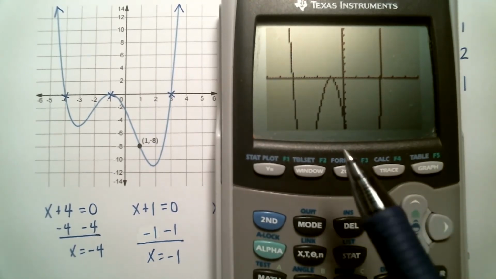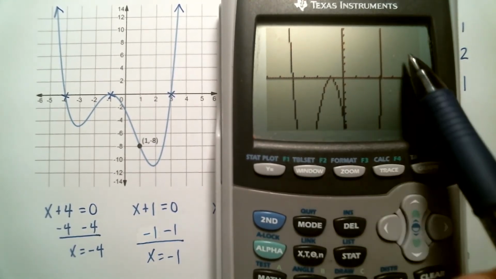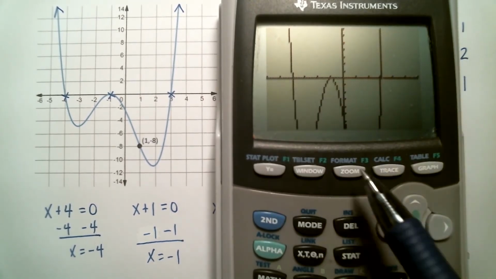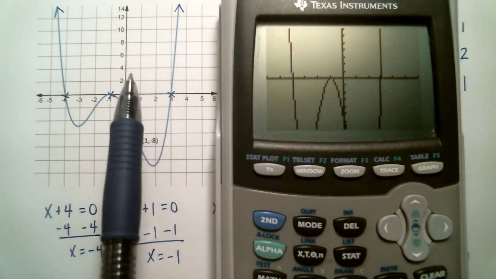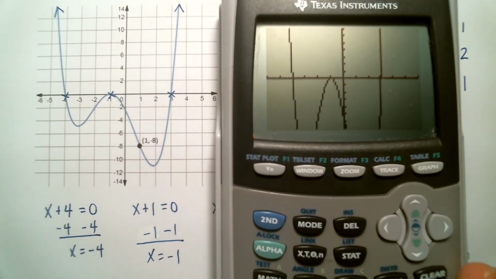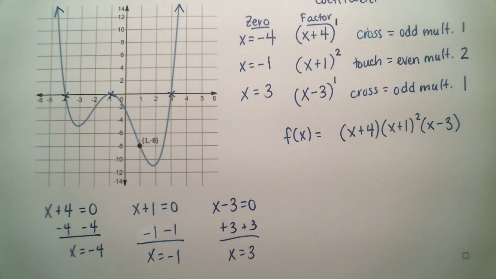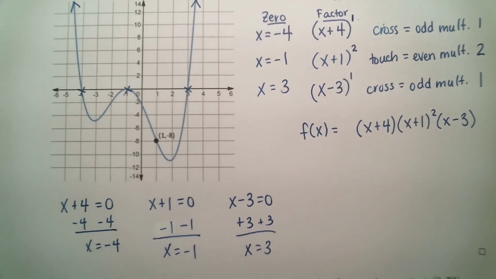So that's good, but the entire graph should fit in the window based on how we set up the window. We set it up to mimic this picture, okay? So there is one thing, if you were paying attention: if you look at this picture, there's one piece of information we haven't used yet.